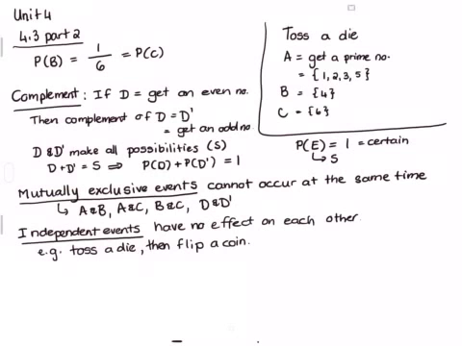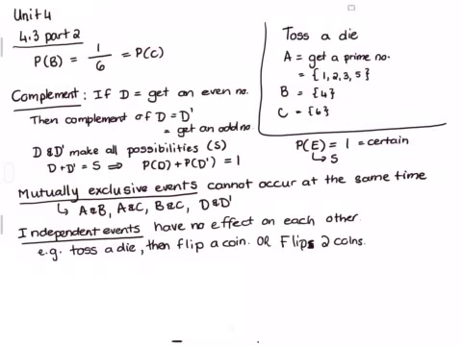Whatever I get on the die is not going to tell me what's going to happen when I flip a coin. Even if I said my two events are flip 2 coins. If I flip a coin, I can get head or tails. If I flip the second coin, I can still get head or tails. So the second action is not dependent on the first action.